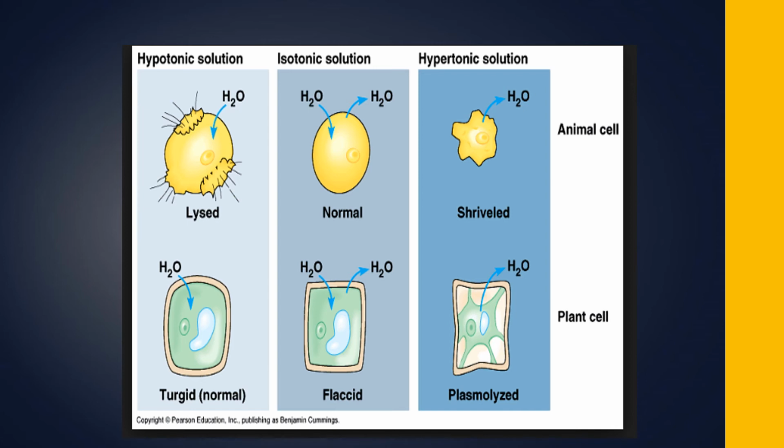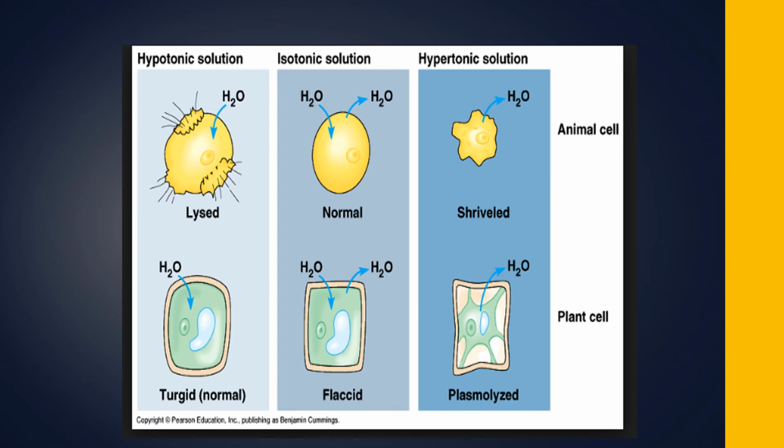While in that of the hypertonic solution, look at the animal cell in the hypertonic solution. The tendency is that it will shrivel. Why? Because most of its water will get out from the cell. And look at the plant cell.